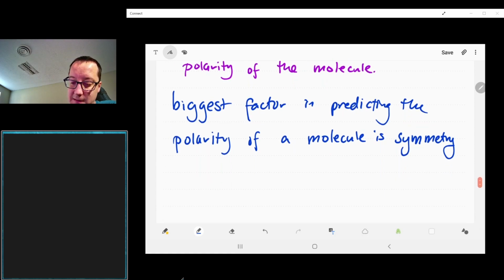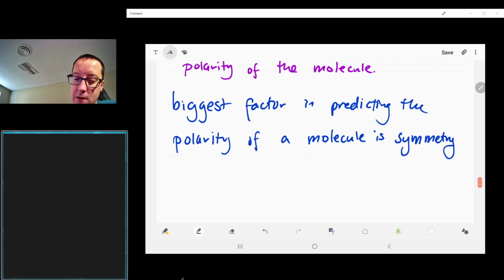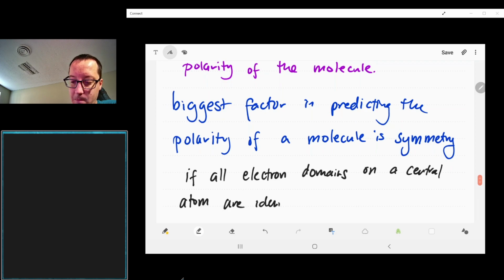And so we're going to see that if all electron domains on a central atom are identical, you will end up with a nonpolar molecule.